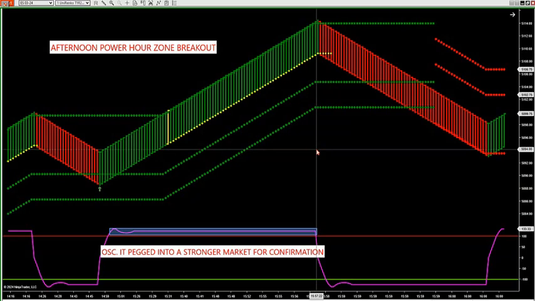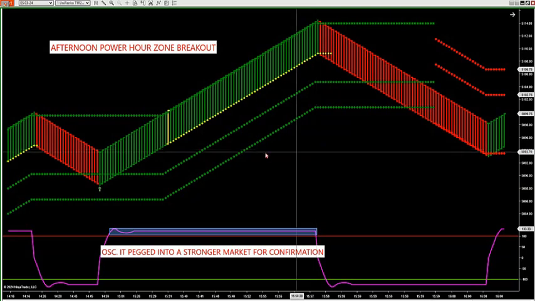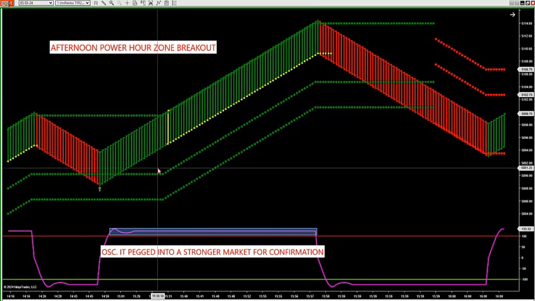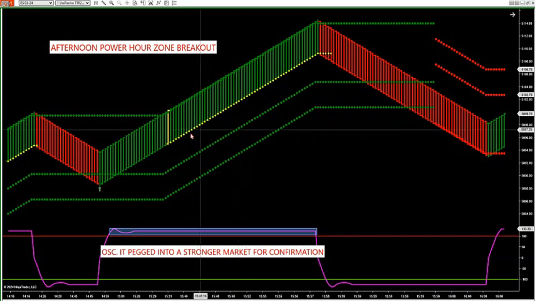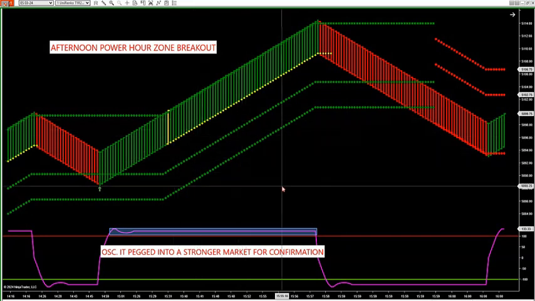Some traders only trade power hour. The strategy I'm sending out to you is preset for power hour trades, the outer zone trade and also the zone breakout trade. So make sure we're aware going into the session every day that the power hour levels are the time to look to get in.